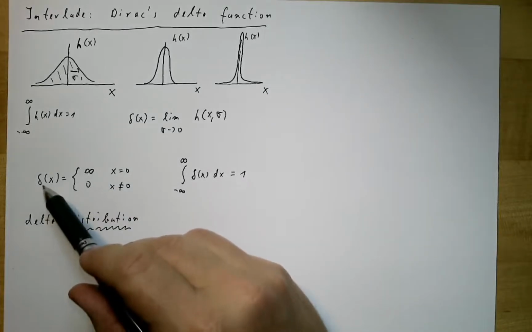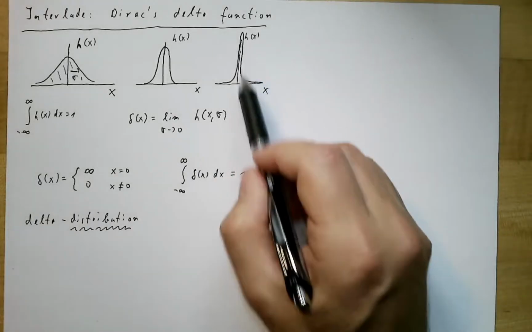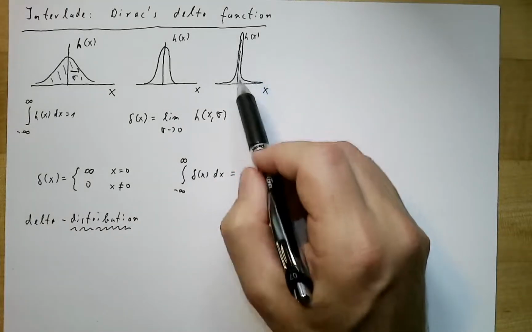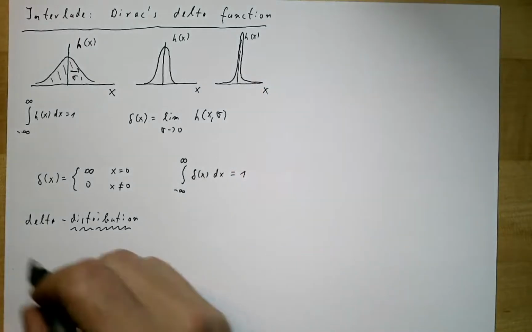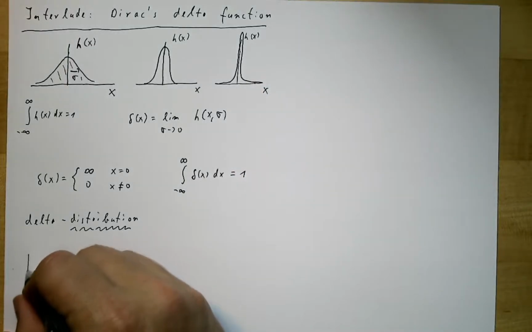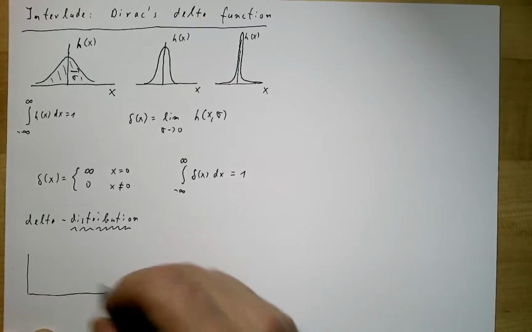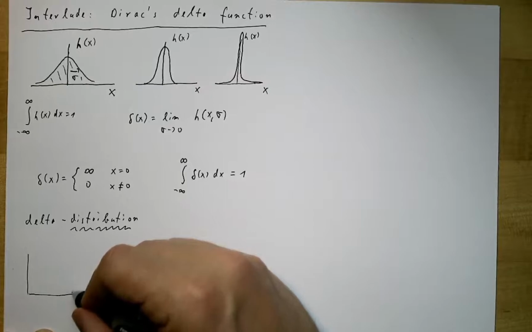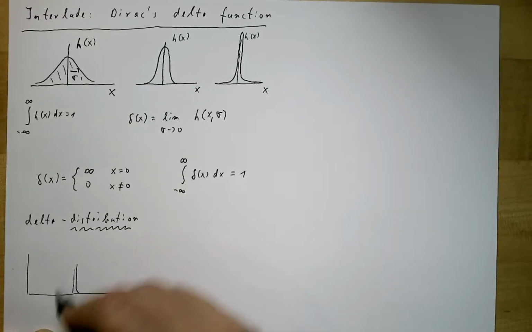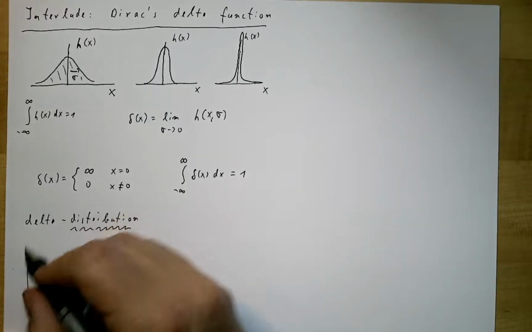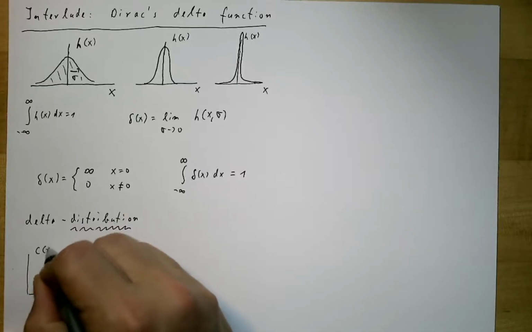And this is a very useful function to describe something which is concentrated at a certain position. For example, if you want to describe a concentration of some molecules, and we say we have molecules only at some point x0, and we want the concentration of x.